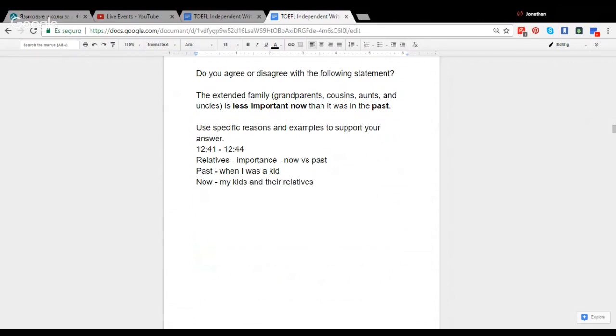Okay, so how are relatives important? Well, maybe spending time at holidays, birthday parties, family reunions. There was also the physical distance.